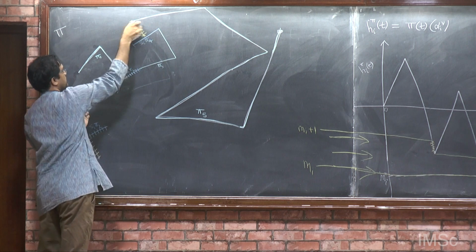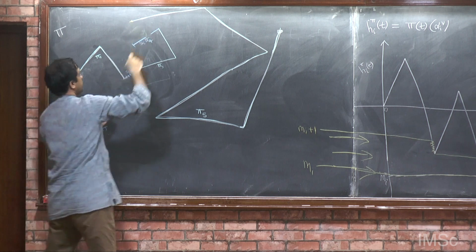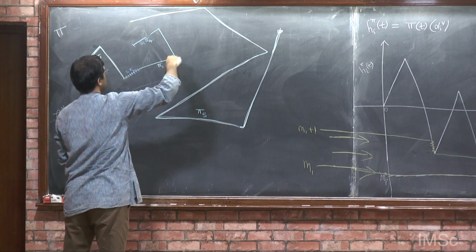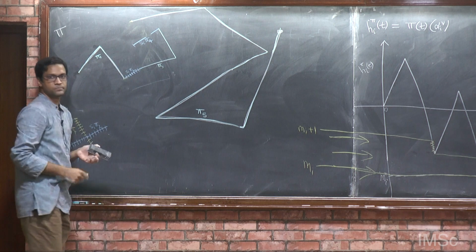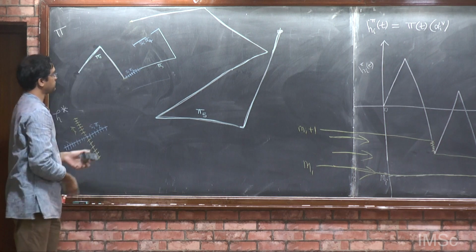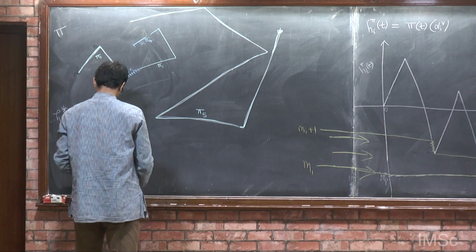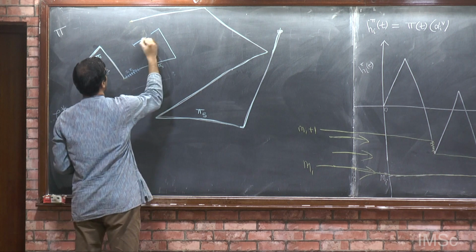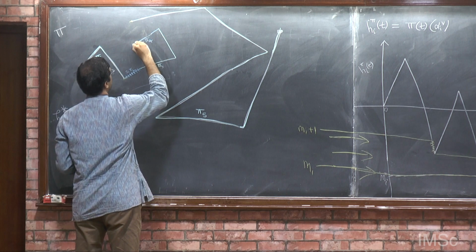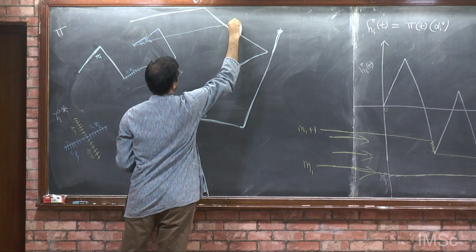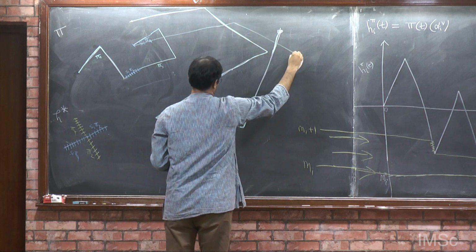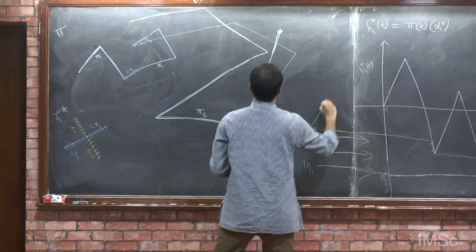So I erase this bit. And finally, whatever is left of the path should begin from this point. I just shift everything down so that it begins from there. So that's the last bit of the path. It looks like this, this, this, this, and this.